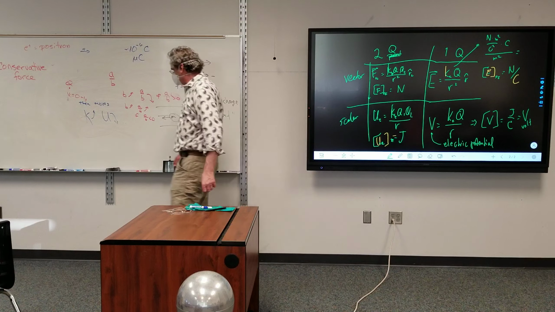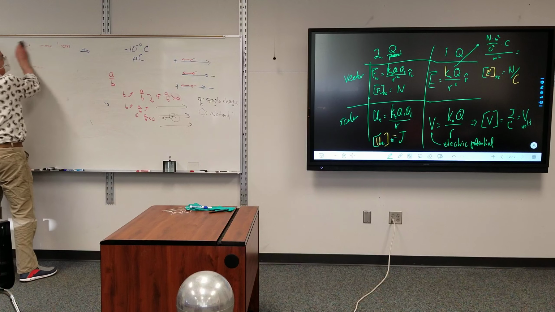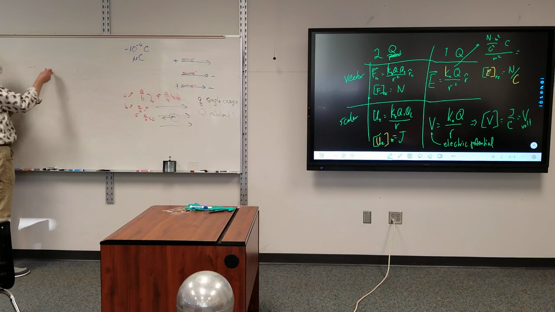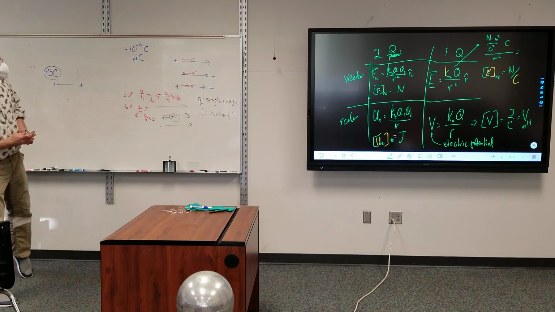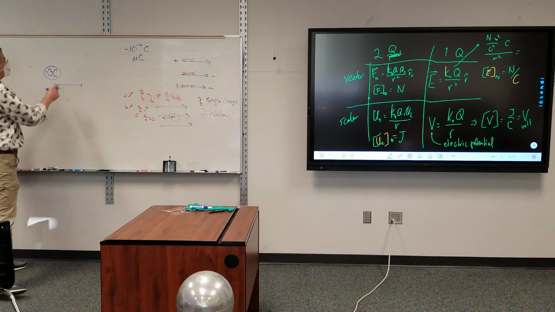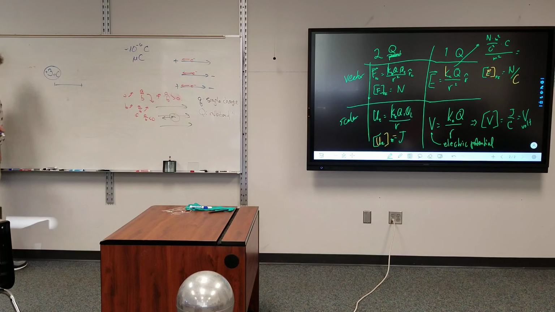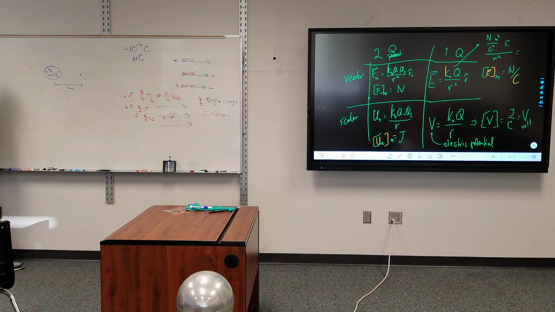So let's crank through a little bit of math here. I've got a positive 3 nanocoulomb charge. If I'm 1 meter away, what is my electric potential?